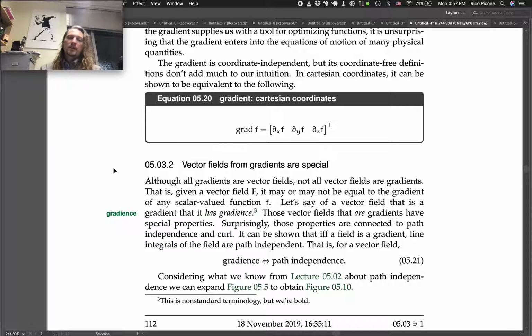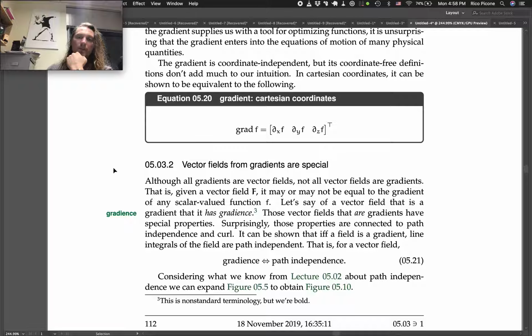Let's say of a vector field that it has gradients. It is an awkward sentence. Essentially we're going to say that a vector field has gradients when it is a gradient of a scalar field.